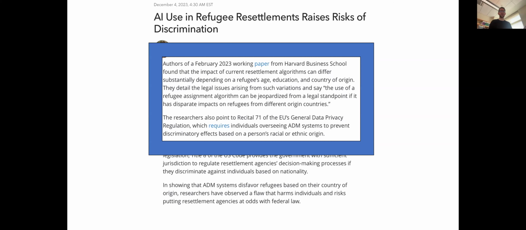In fact, going back to the earlier slide, going back to the idea that one can increase employment outcomes for refugees by 50%, I think it would be tragic if such improvements were not realized. We really want those improvements to be realized. What our work shows is that the price of incorporating some group fairness criteria on top of that is relatively small, and the benefit remains therefore very, very large.